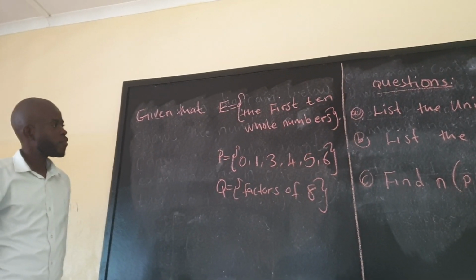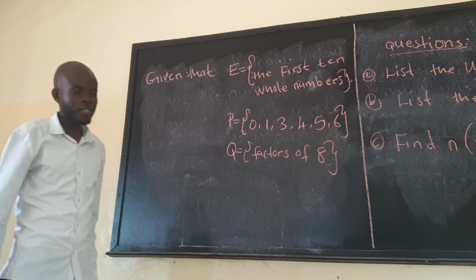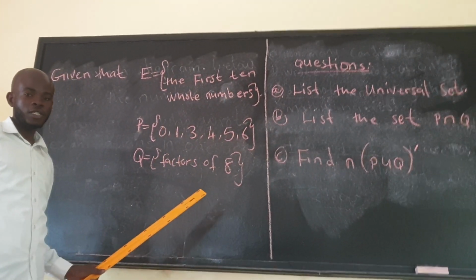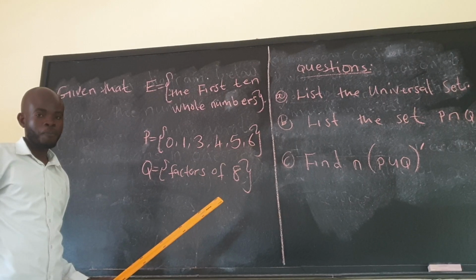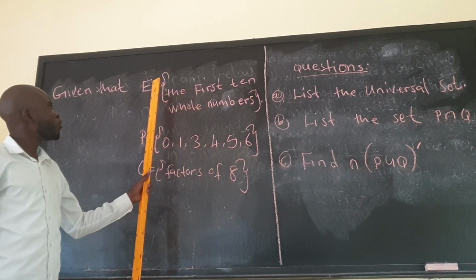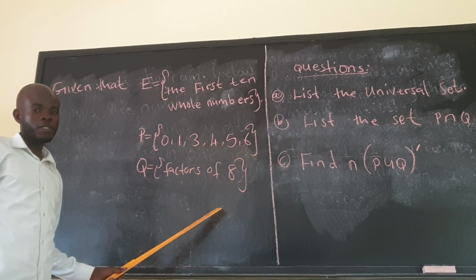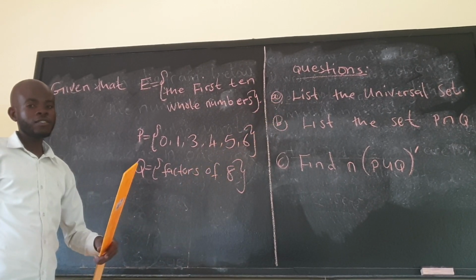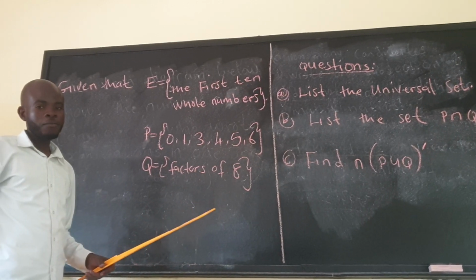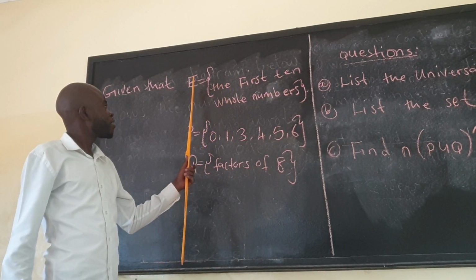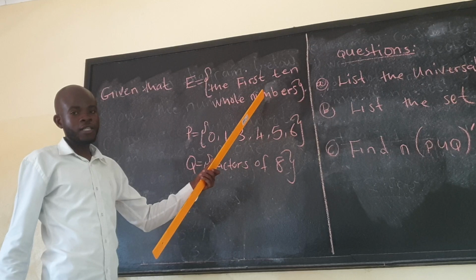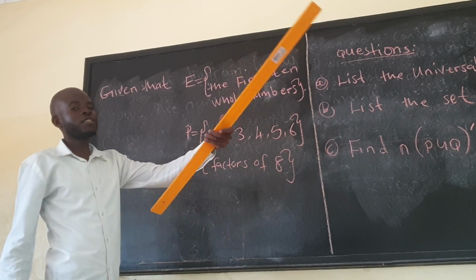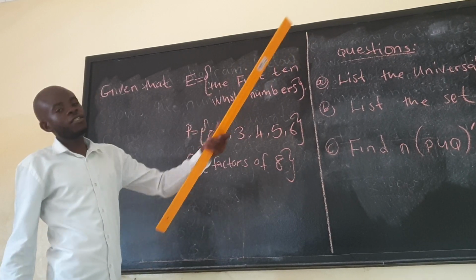Now, this is just the first information that they usually give before the questions. If you do not understand this information, then the questions are not going to be answered well. In this case, they haven't given us the numbers, they have just given us the direction.